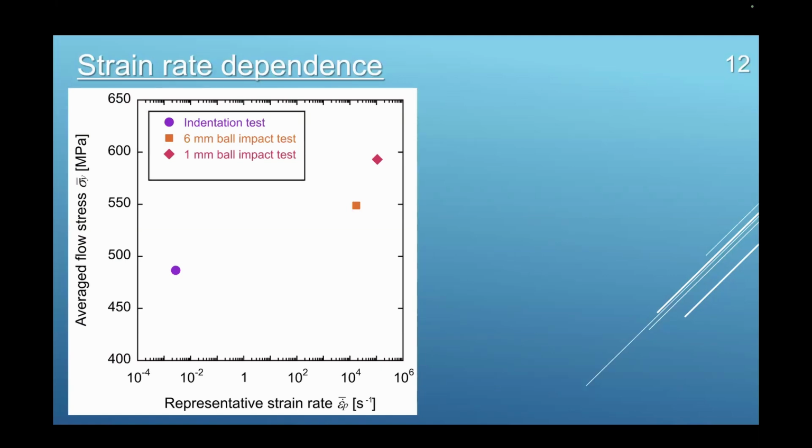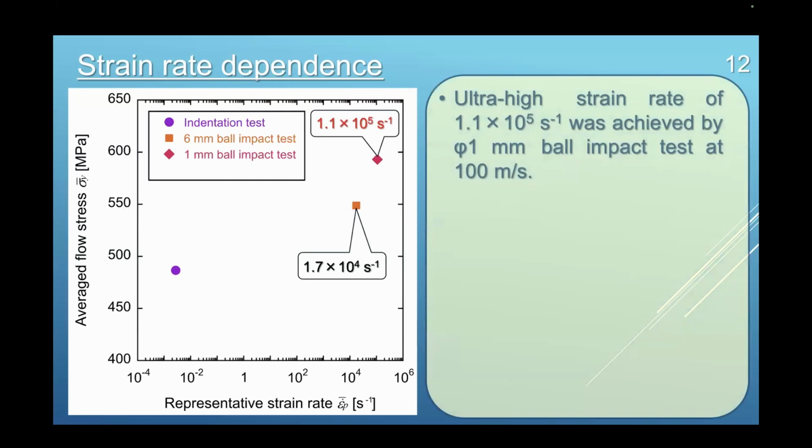From these results, we calculated the representative strain rate and the average flow stress. As shown in this figure, the ultra high strain rate of more than 10 to the 5th power per second was achieved by the 1 millimeter ball impact test at 100 meters per second.